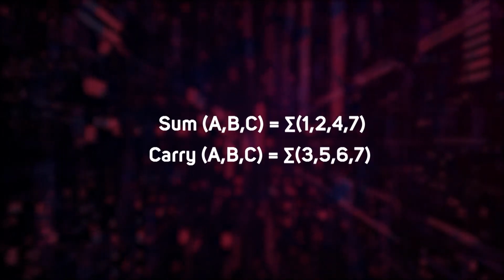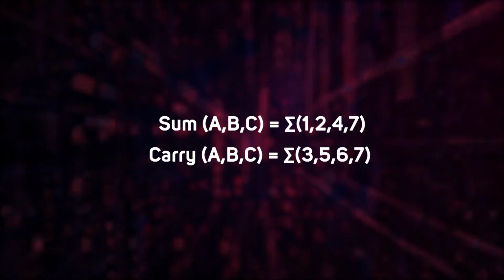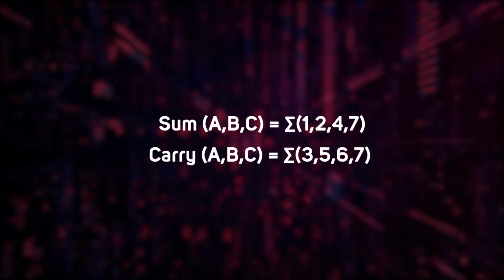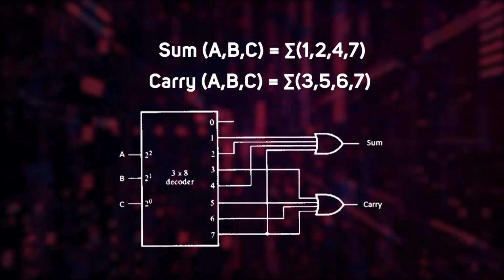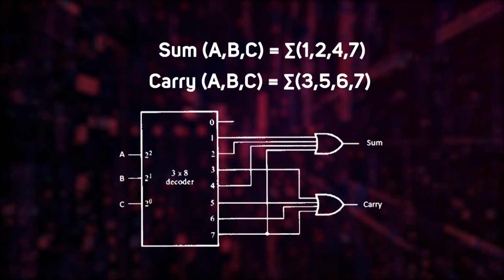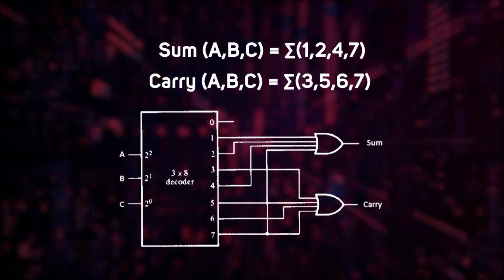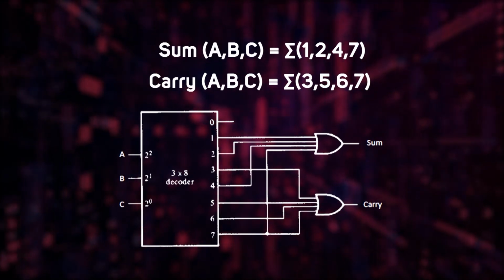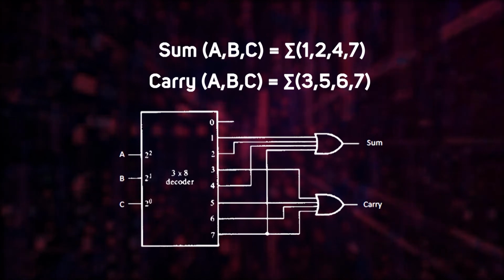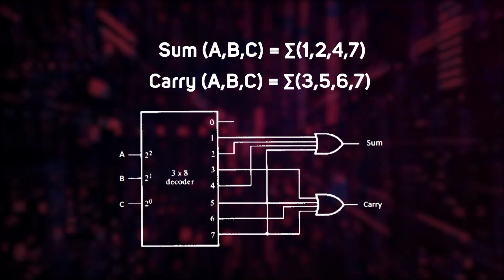Here we have 3 inputs and 8 minterms. So, we use a 3 to 8 line decoder as shown here. This decoder generates all minterms of a 3 variable Boolean function. Out of this, the minterms of the sum function are logically ORed to obtain the sum output, and minterms of the carry function are logically ORed to generate the carry output.